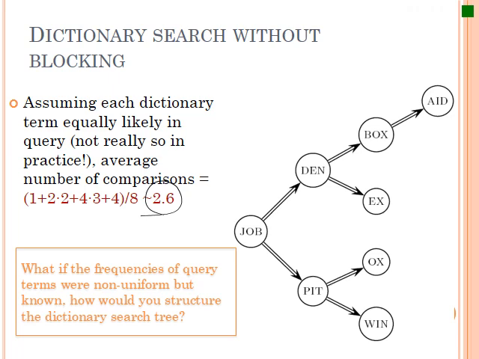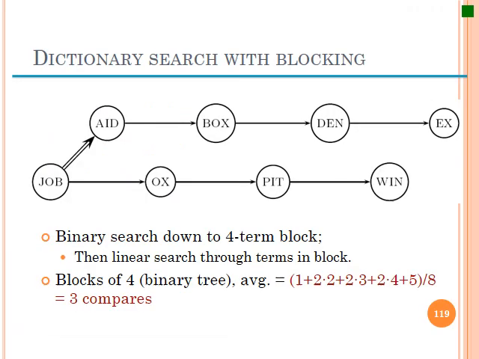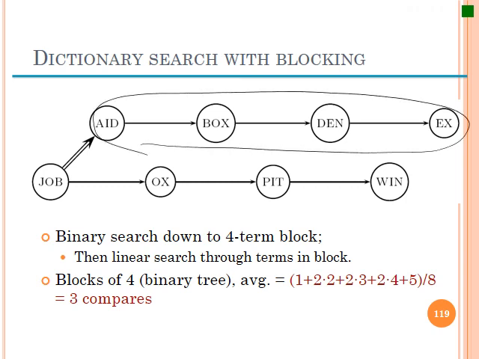But if you have blocking, your tree becomes like this. These are the terms that are blocked together, so inside here this becomes a linear structure, and then you need 3 comparisons on average to search for a term.